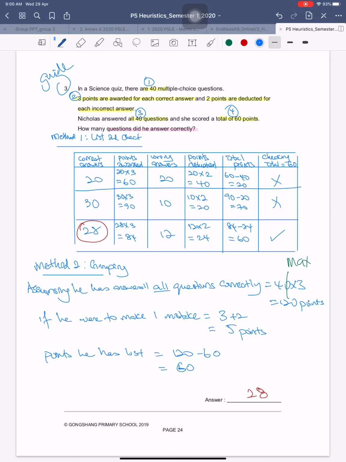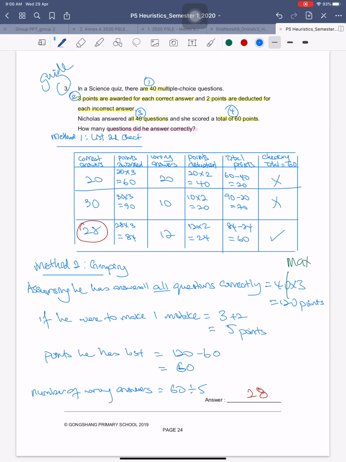And if I were to find out how many wrong answers he gets, I will need to take 60 points. That is the points that he lost. Divide by 5, because this is the grouping.